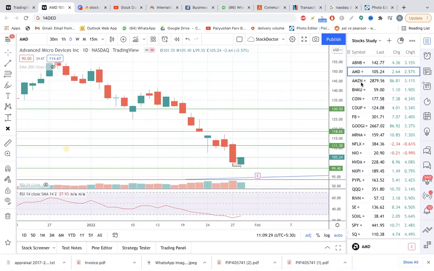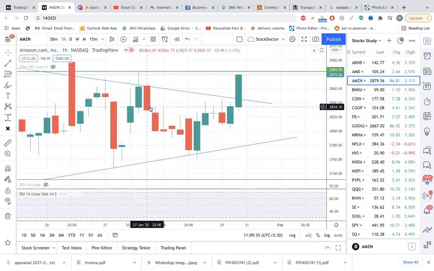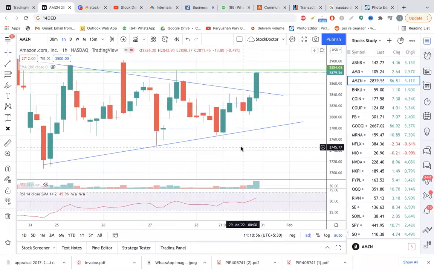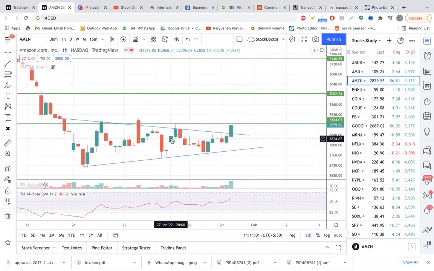The next stock we have is Amazon. For Amazon, you can see here Amazon has given a breakout on the hourly time frame. It has given a good break. Amazon has its earning coming, and it has given a very good breakout on the hourly time frame. Currently, it has a resistance around 2885, and once it starts trading and sustaining above that, definitely it can go back towards 2920, then 2960 and 3000.